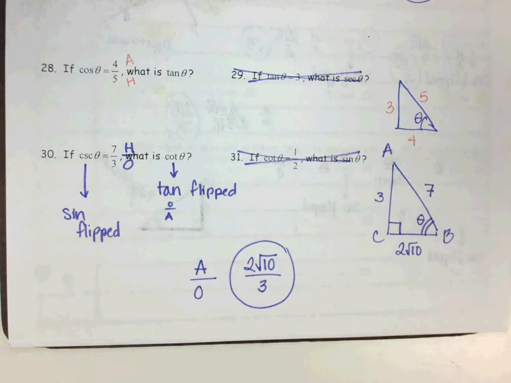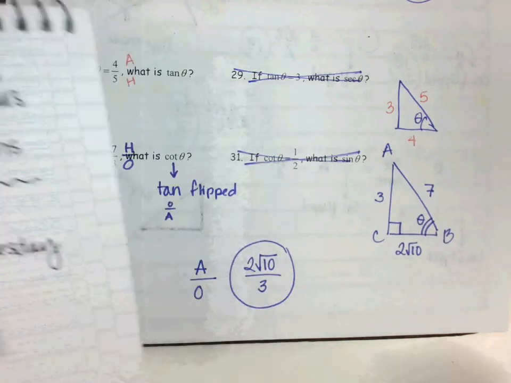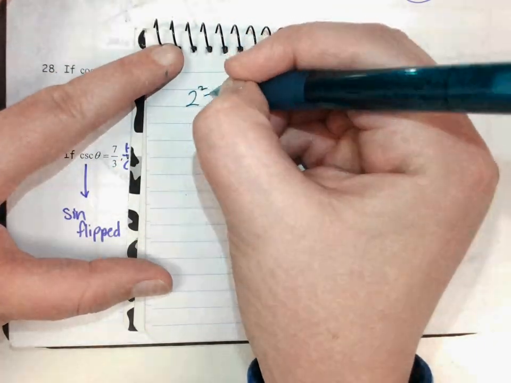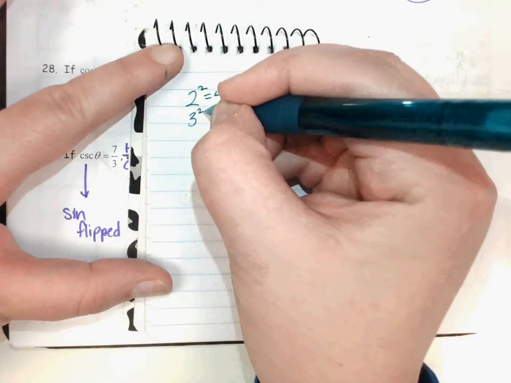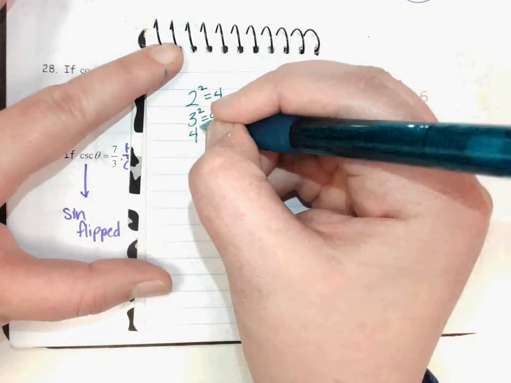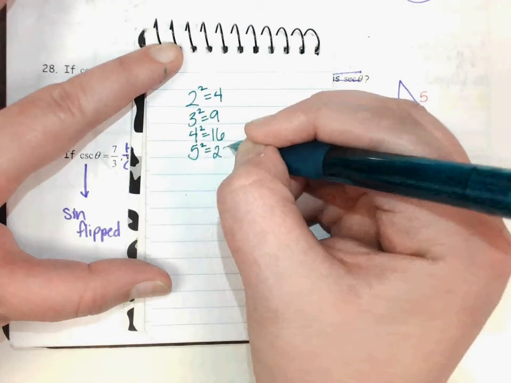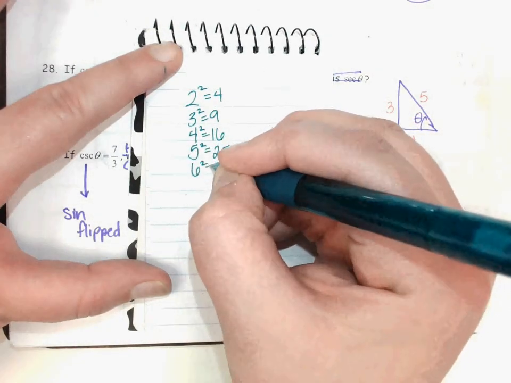Yes, ma'am. Angelica? Like a list of them? I'll write them out and I'll put them up here if you want. You can take a picture of it. It would be 2 squared is 4, 3 squared is 9, 4 squared is 16, 5 squared is 25.